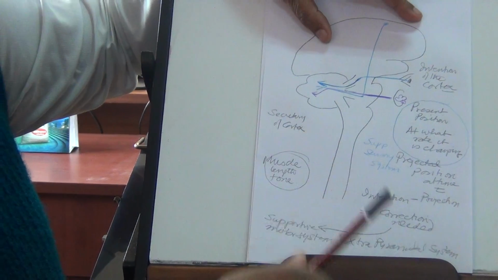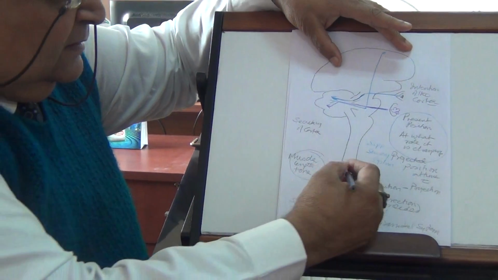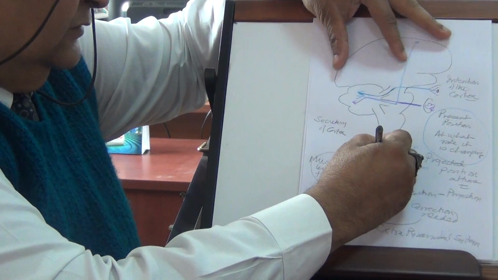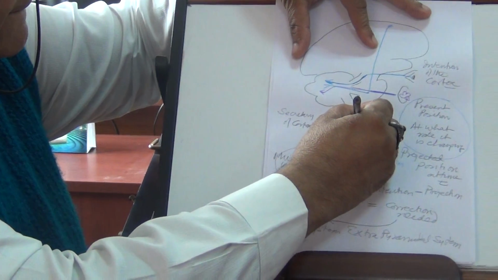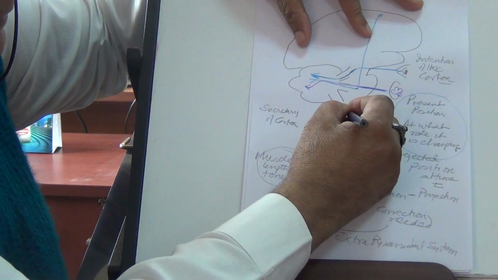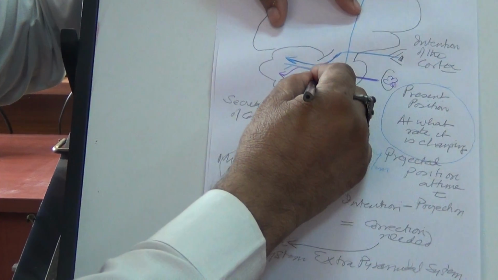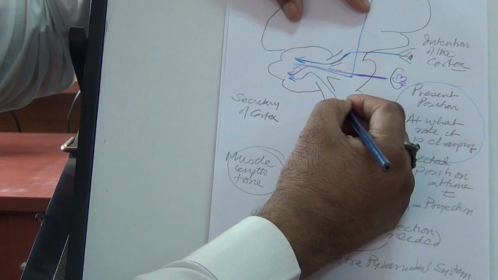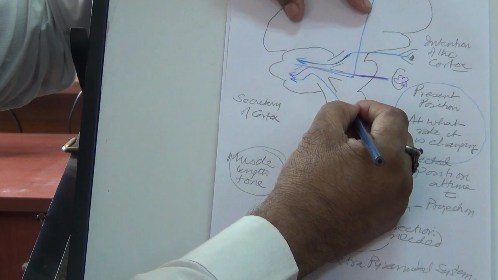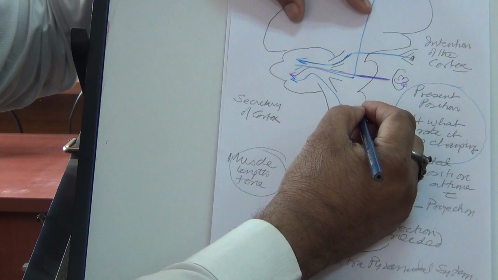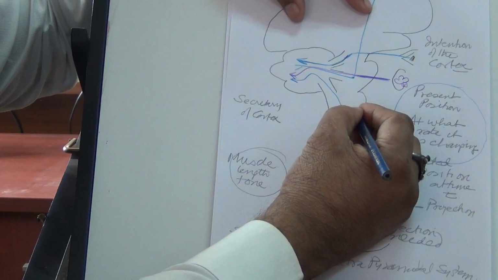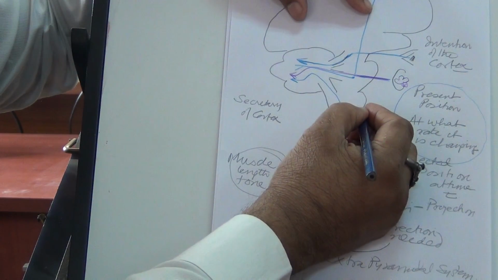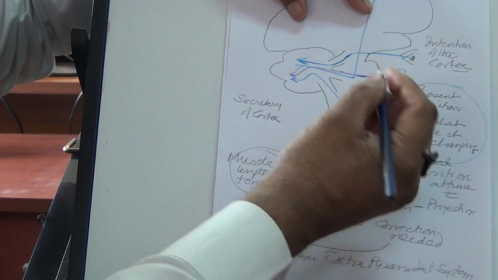So muscle length and tone travels through the posterior column of the spinal cord and goes to the cerebellum of the same side through the inferior cerebellar peduncle, crosses over as internal arcuate fibers and then anterior external arcuate fibers and goes to the cerebellum of the opposite side.